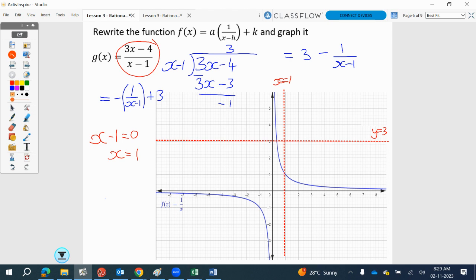For the horizontal asymptote you don't notice any horizontal shift. You only notice the horizontal shift in the vertical asymptote. I think we can multiply by 2.